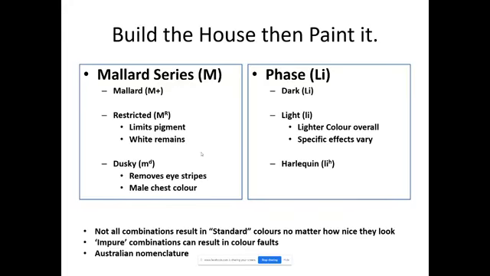So we often hear a term about build the house, then paint it. What this term in exhibition breeding usually refers to is get the type right and then add the paint colors. With this duck genetics presentation, I'm actually saying there are two series of genes that should be considered to be part of the house when it comes to duck colors.